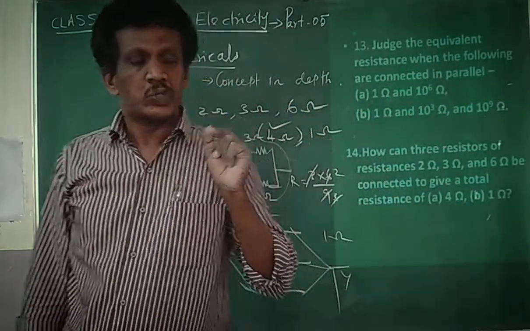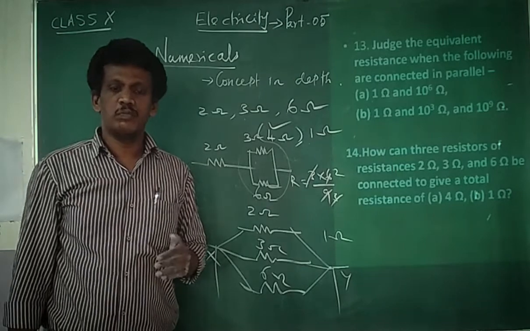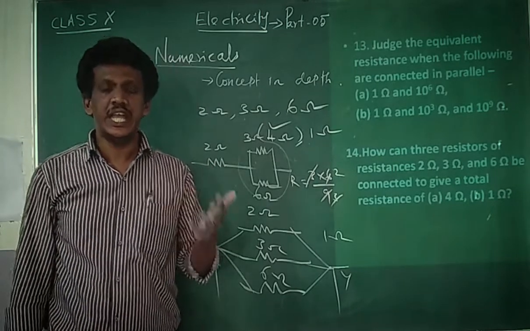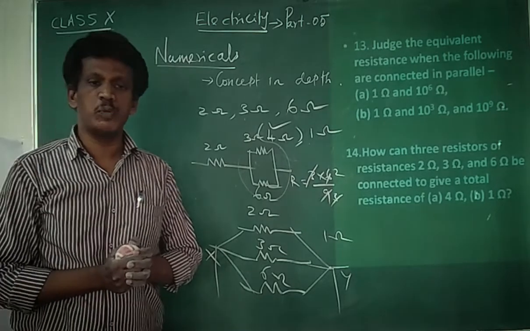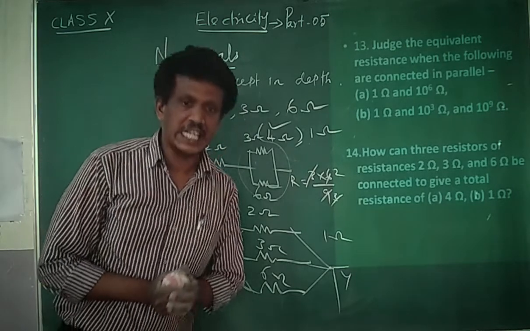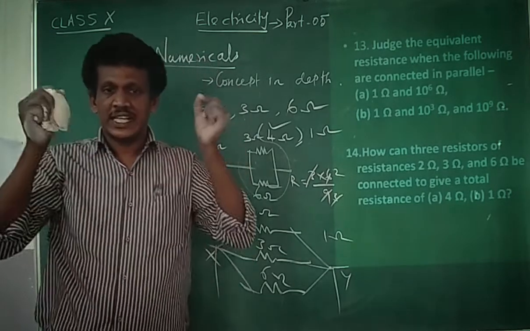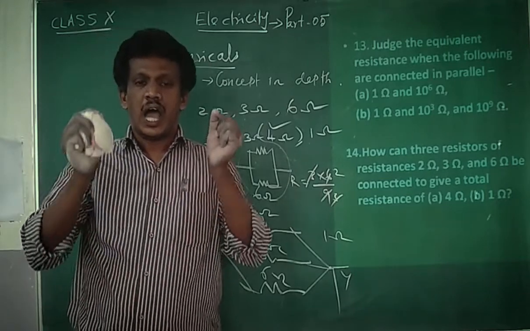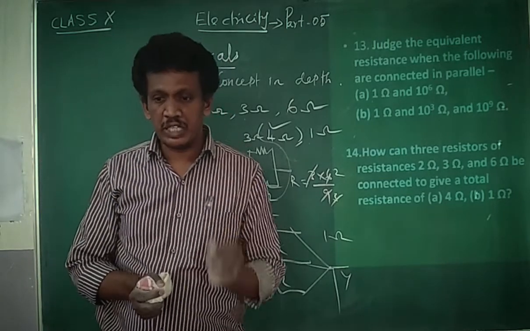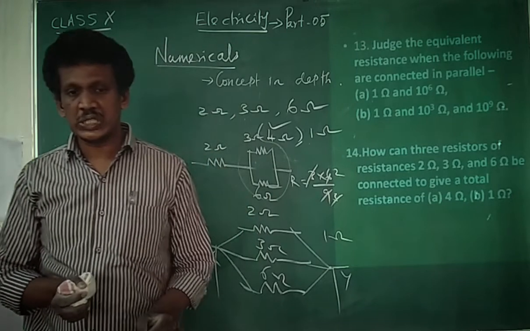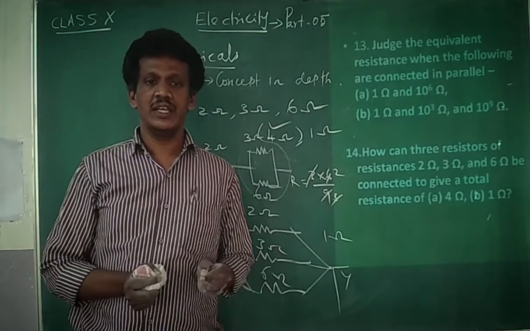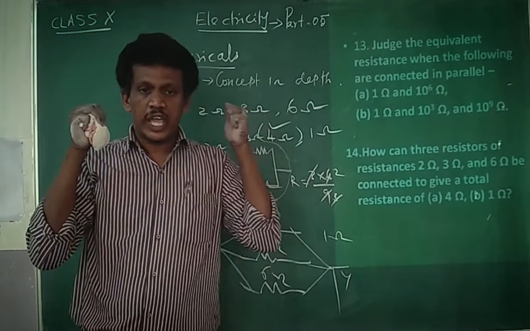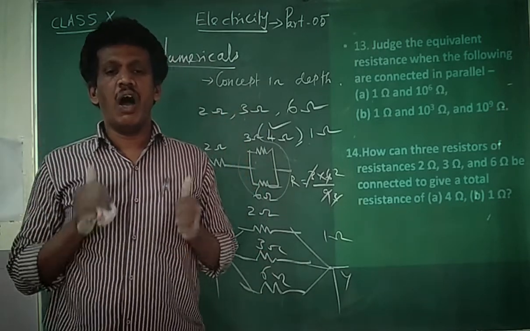A few more interesting topics, more combinations, heating effect, electric power, all the kinds of numericals we are going to discuss. So children, sit at a stretch, complete the video, solve the questions, read the textbook, and go on doing. Okay? Do well, all the best.